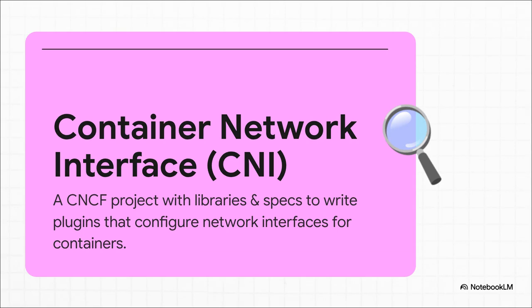So, at its very heart, what is CNI? It's a simple and, honestly, a brilliant contract. A cluster administrator writes a configuration file, usually in JSON, that says something like, I want this kind of network using this plugin with an IP address in this range. Then, when a pod needs to be created, the container runtime on the node just takes that configuration file and hands it off to a CNI plugin binary.